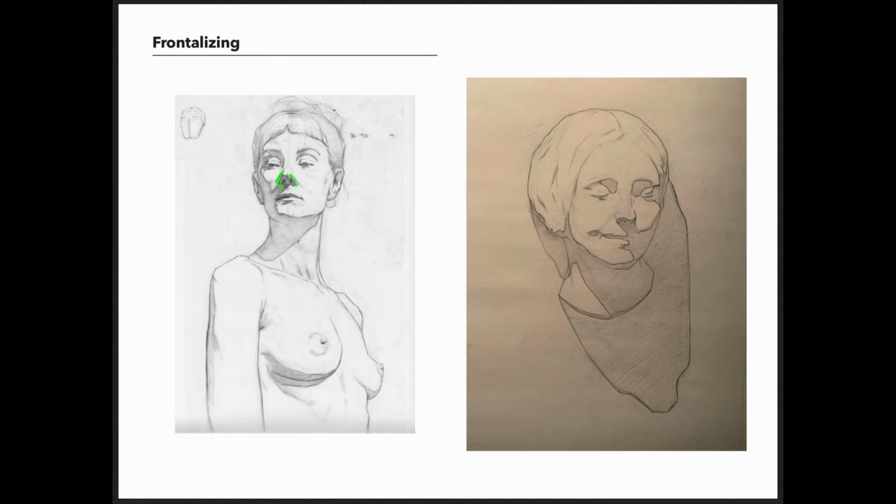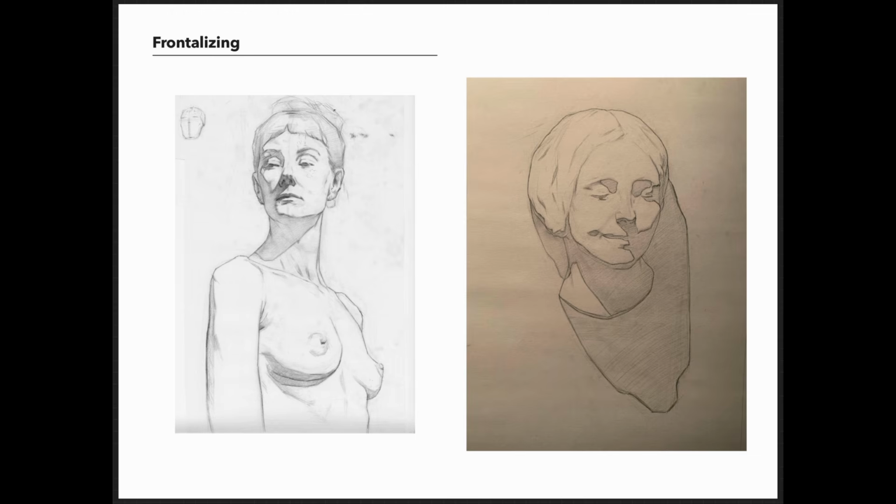Her head's turning away from me. It's a three-quarter view where she's tipping towards the left, and I've drawn the left side of her nose as bigger and longer than the right side. So I've quite literally frontalized her nose towards me. I didn't do it so badly with the mouth or with the eyes, but with the nose, it's completely out of alignment.